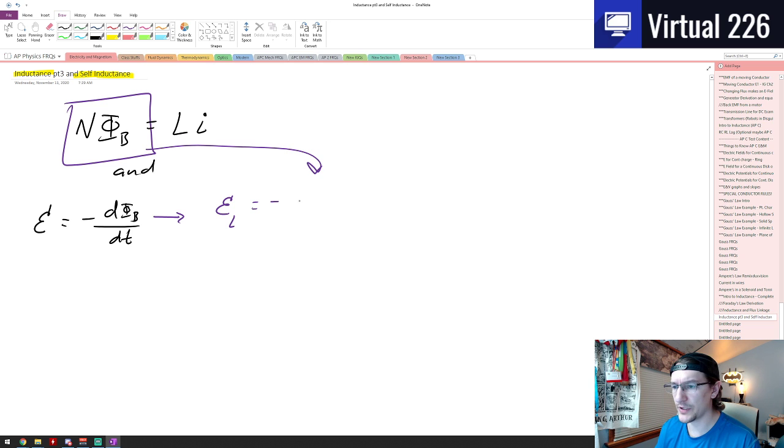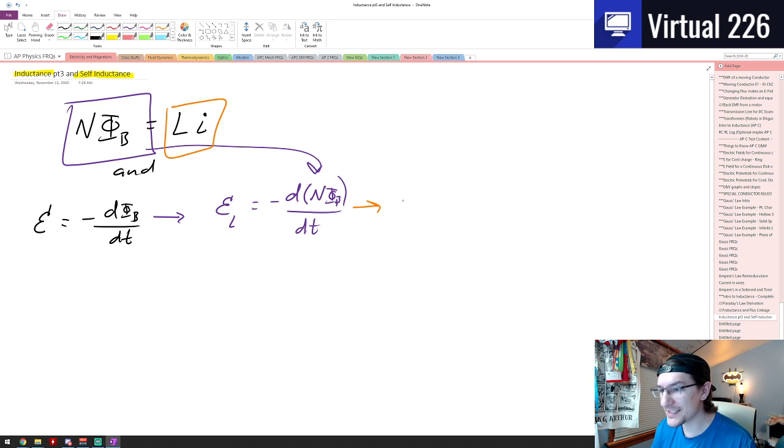So this would be negative d, N flux, the flux linkage, dt. That makes sense. But we also know that this N flux is equal to Li. So we can say this is equal to negative the derivative of Li dt.